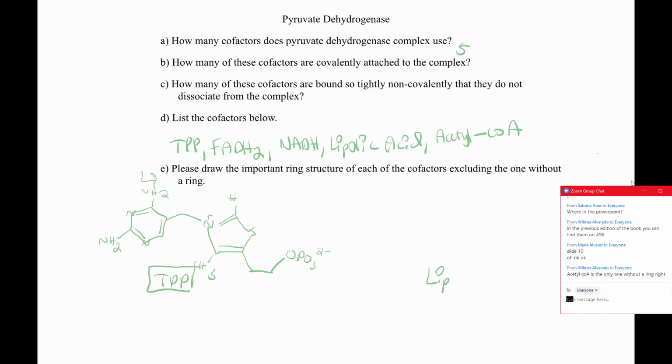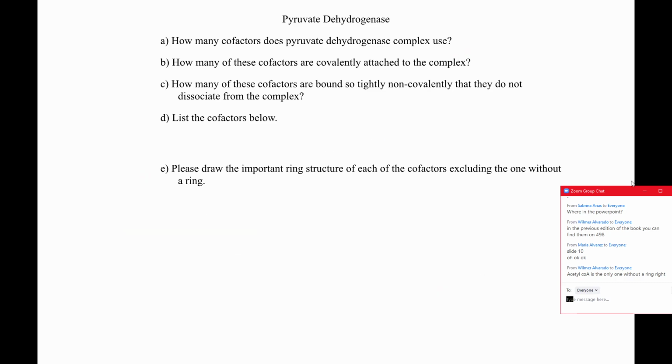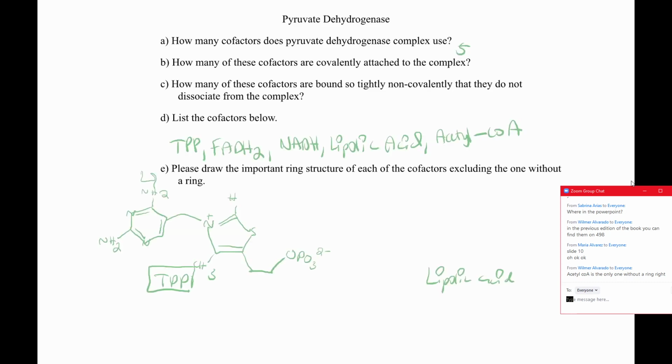Then lipoic acid. You would just have a sulfur bond here. And that's like a carboxyl group at the end.